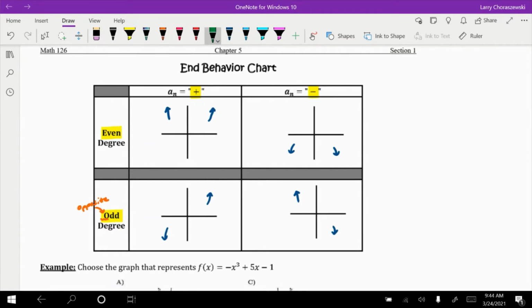And there are a couple of library functions that we can kind of link the end behavior to. For the even degree, my tip is think of this library function, f of x equals x squared.